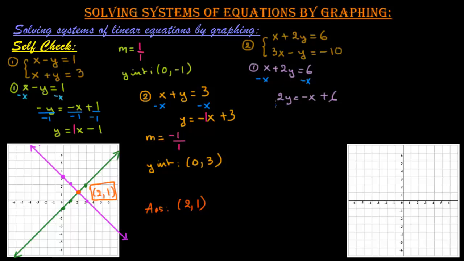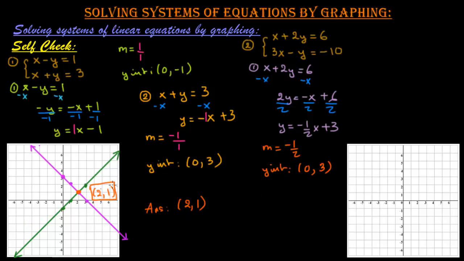Then to get rid of 2, we divide both sides by 2. Then y equal to negative 1/2 x plus 3. So as you see, our slope is negative 1/2, and the y-intercept is 0, 3.